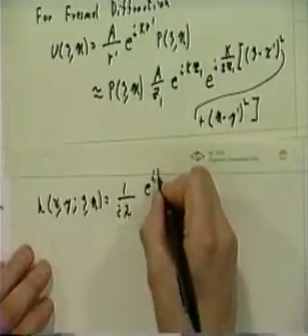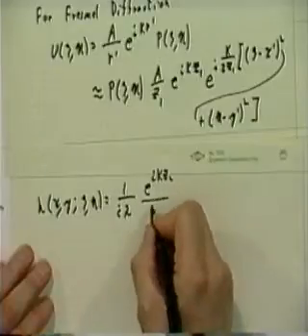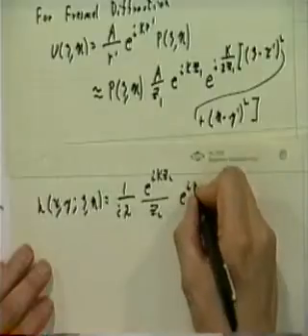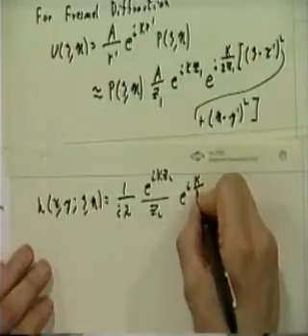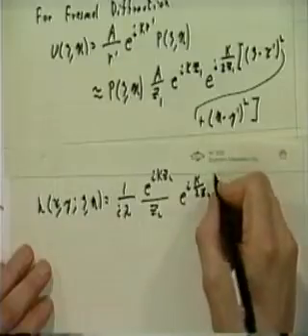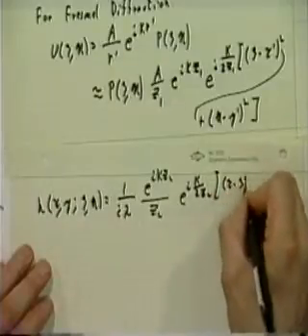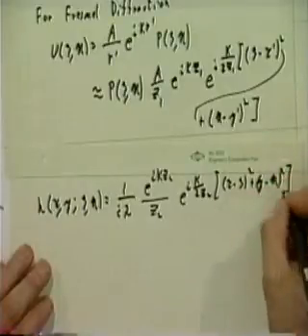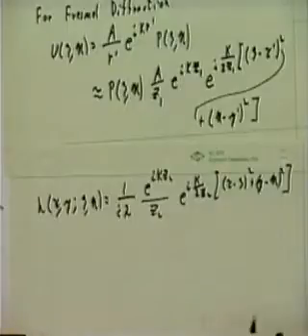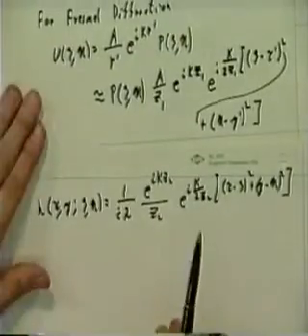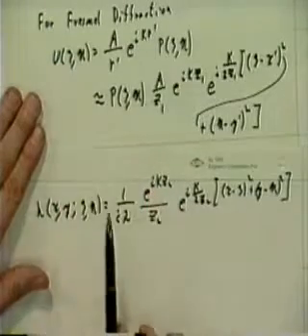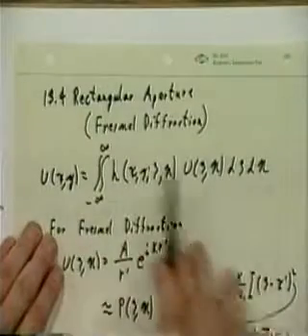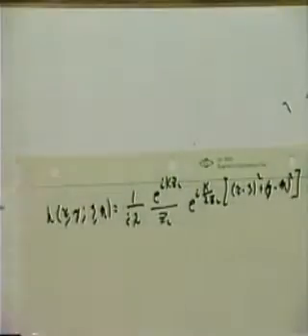We have e to the i k z2 over z2. And we have an e to the i k over 2 z2 times x minus squiggle squared plus y minus eta squared. So those are the normal Fresnel approximations. So we have u, we have h, and so now we're going to plug that into this mess and get another mess, a bigger mess.